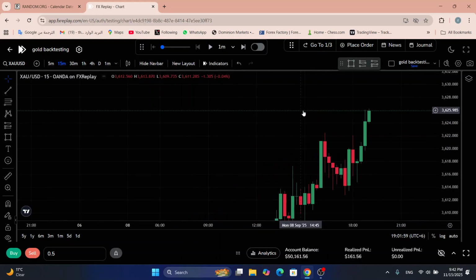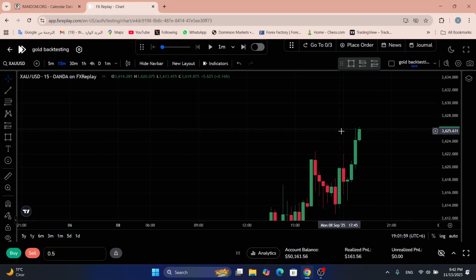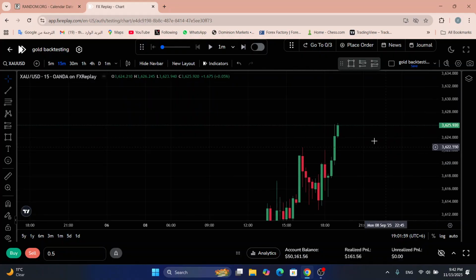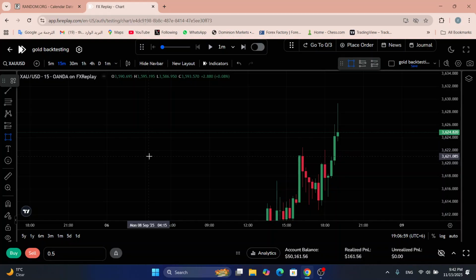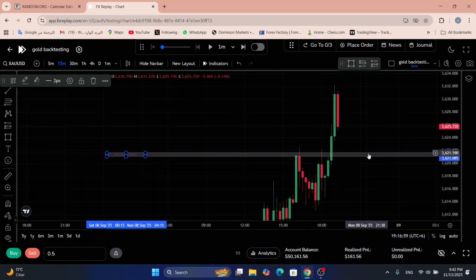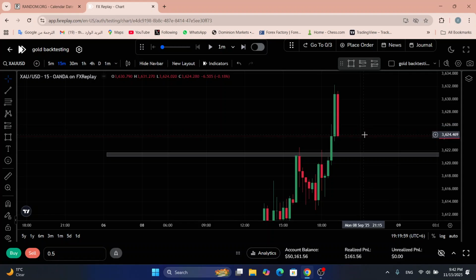I believe if it rebreaks this all-time high, this is all-time highs again, guys, it will keep moving up. Yep, like this. But I prefer to wait for a retest from this area. If I get any retest, I can take the trade. If not, then let's just move to the next day.